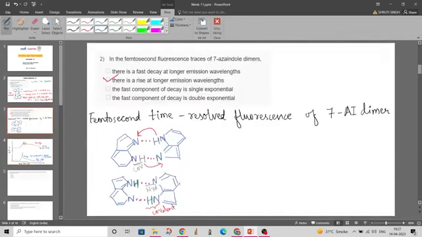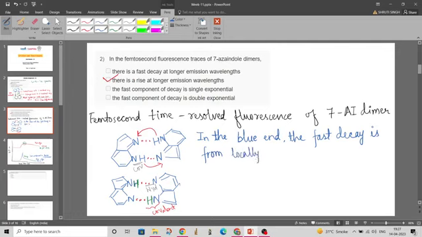In the blue end, the fast decay is strong, from the locally excited state, I'll write it in short LS.